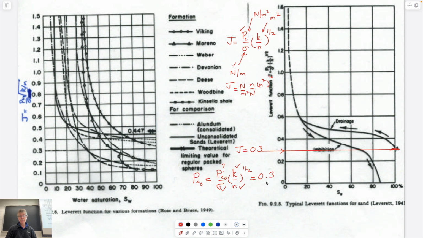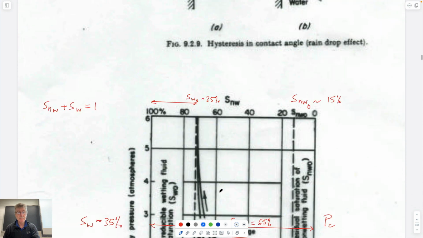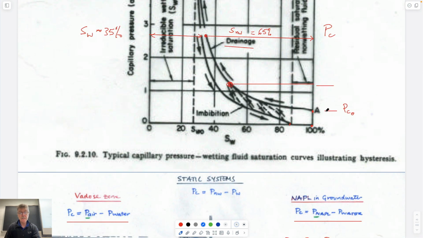Because we know it equals 0.3, and the only unknown in this term is the capillary pressure. Everything else we know. And so another utility of this is to be able to get the bubbling pressure as a function of this characterization, which we can do if we know all of these other terms. And if we know the bubbling pressure, we immediately know something about where this curve is anchored.